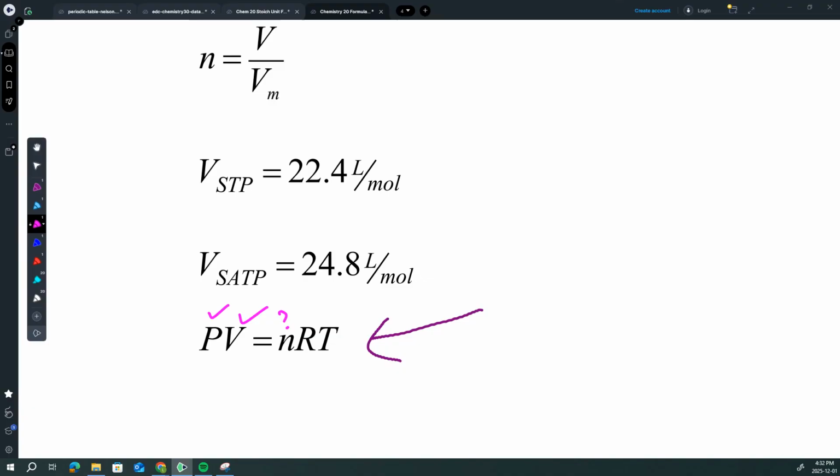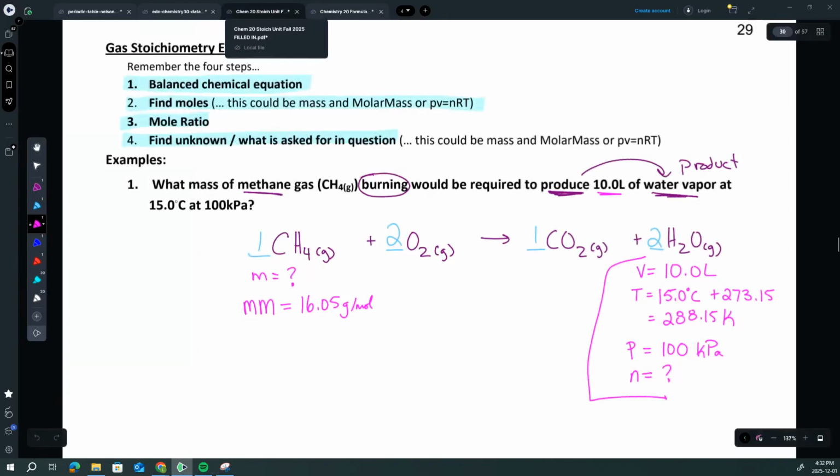R is the ideal gas constant, so you always have R, and then temperature we have given to us in the question. If you only have one question mark, that's a pretty good sign that that's the formula that you should use. So if you only have one unknown in the formula.